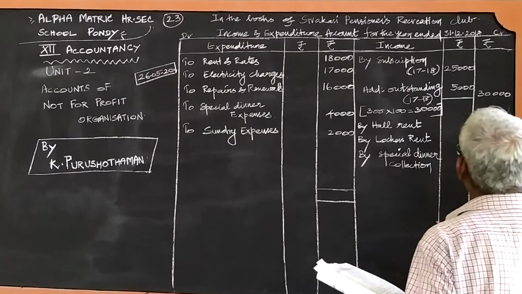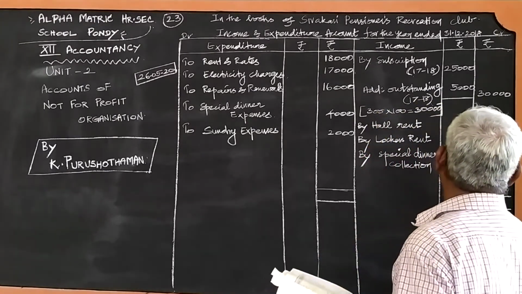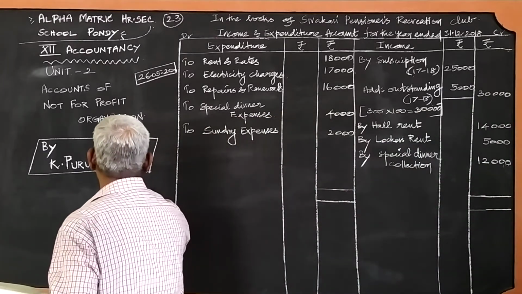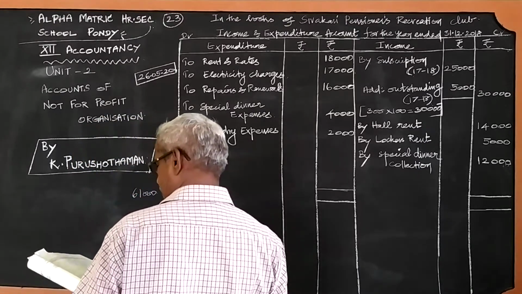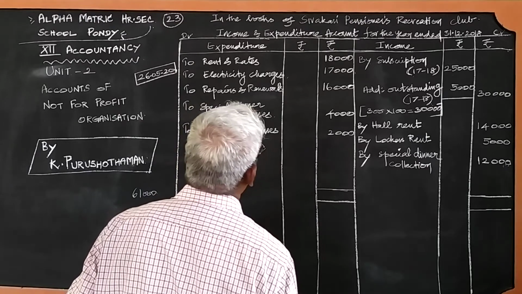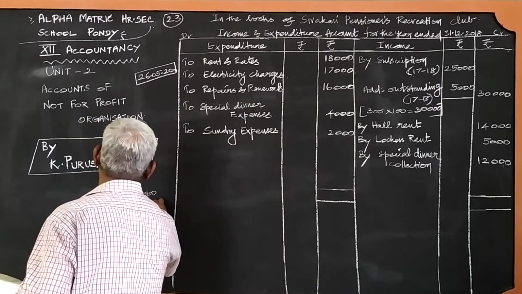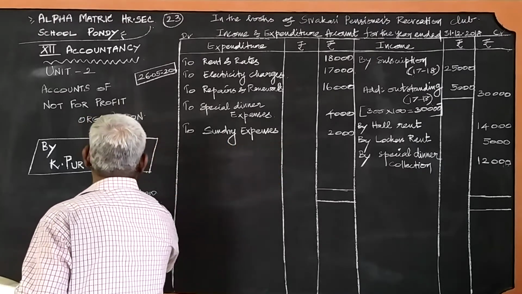We shall try to close it. The income side 61,000. Expenditure side 57,000.